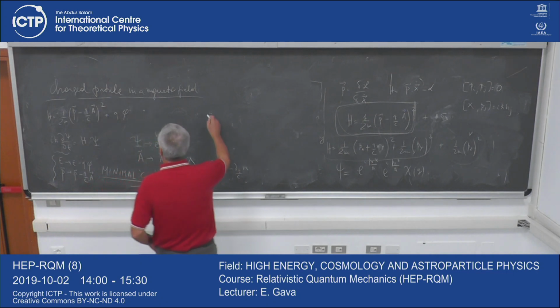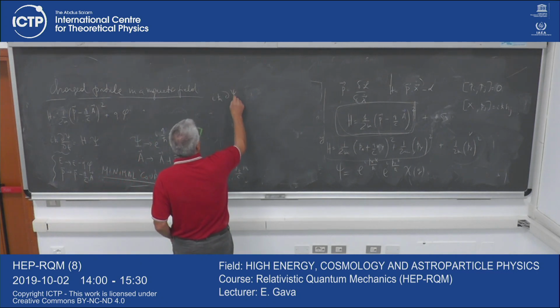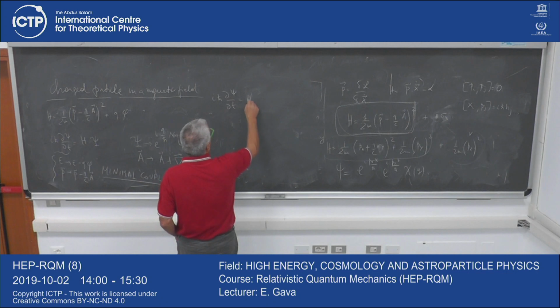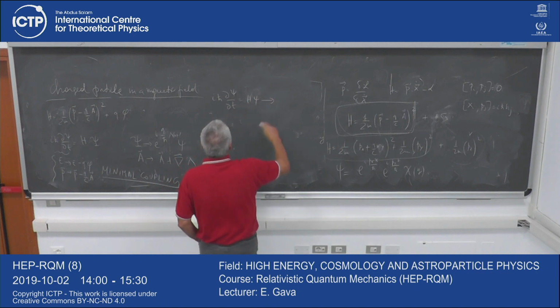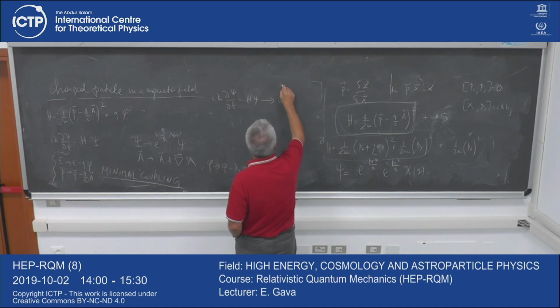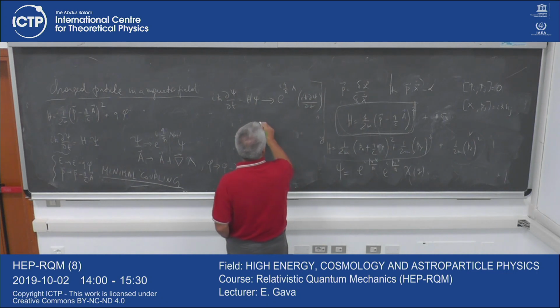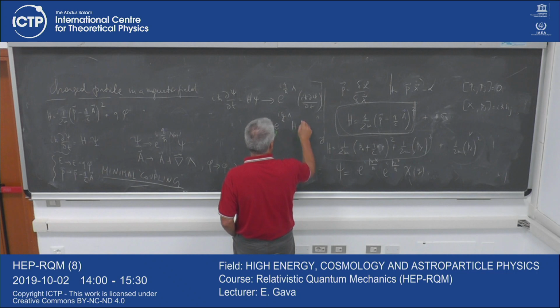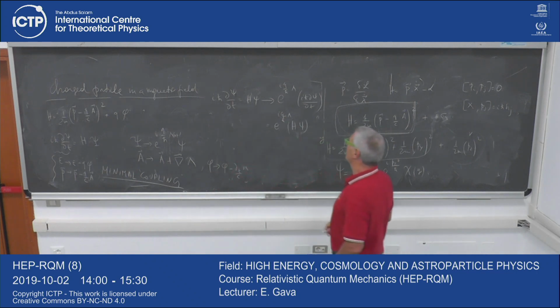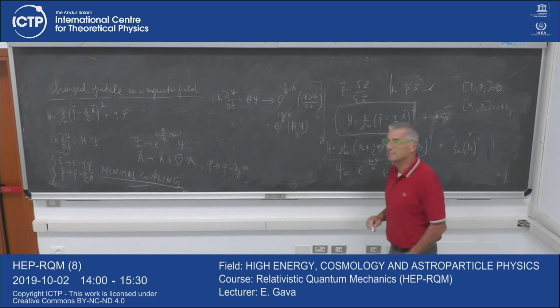I'm saying that i h bar d psi dt goes to e to the i q over h bar lambda times i h bar d psi dt equal to e to the i q over h bar lambda, and then H psi. If you can show that, then this overall phase is irrelevant. You can just remove it.